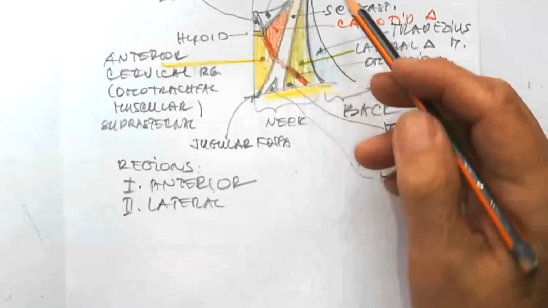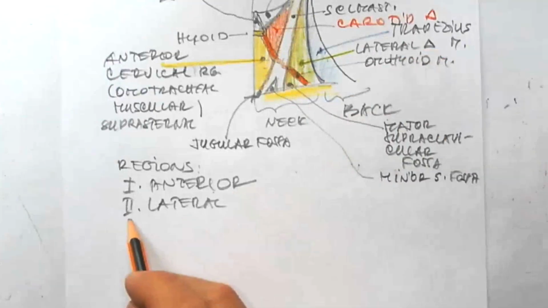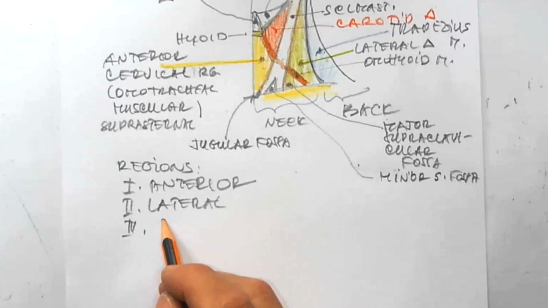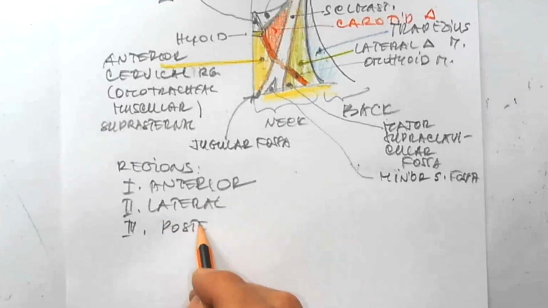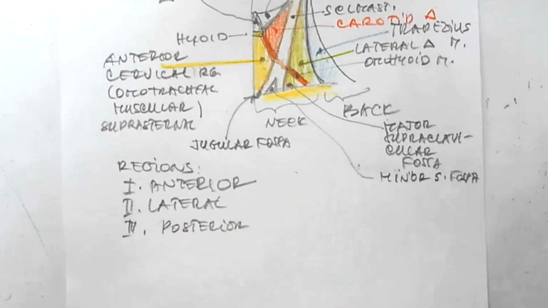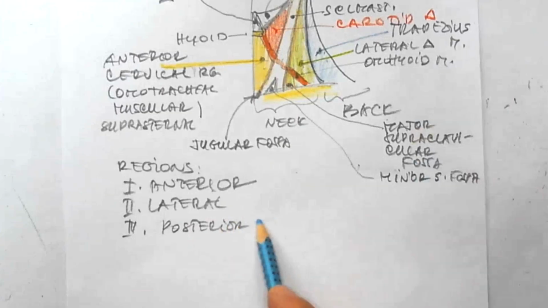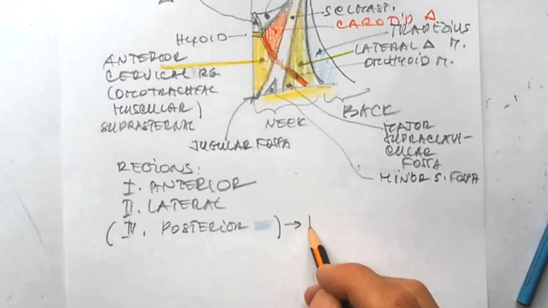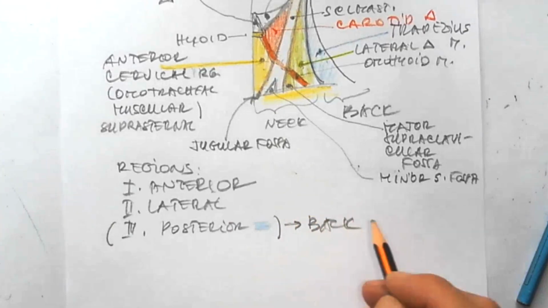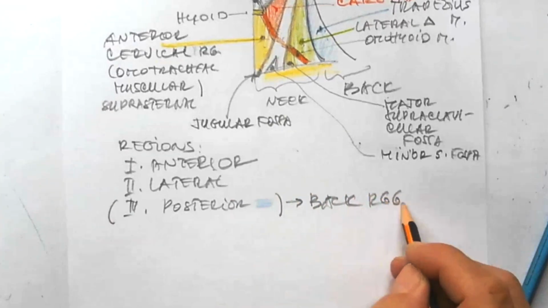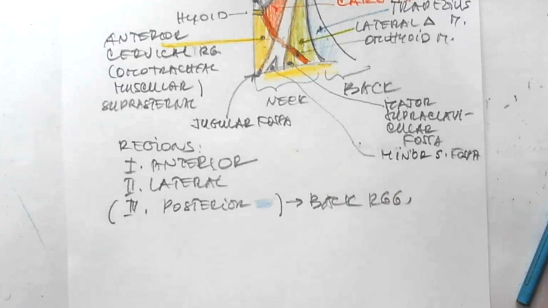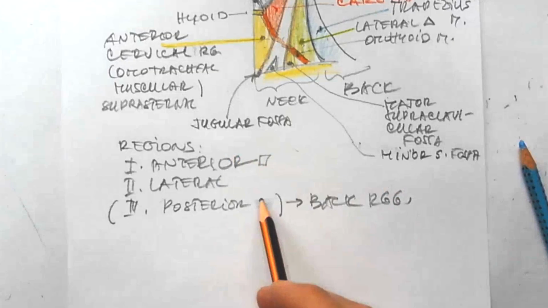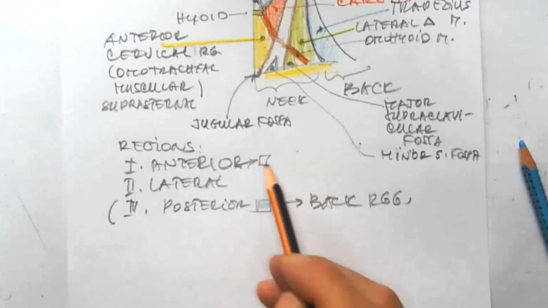Then this one is lateral, anterior, lateral, and number three are the posterior, but posterior, of course, we can color them, why not? Posterior would be bluish, and I put it into the back region as the classification is back regions, because it belongs to the back regions. Anterior is without color. Here is bluish, anterior without.